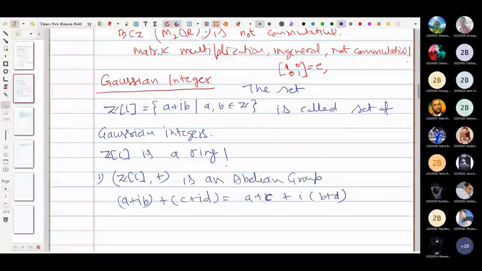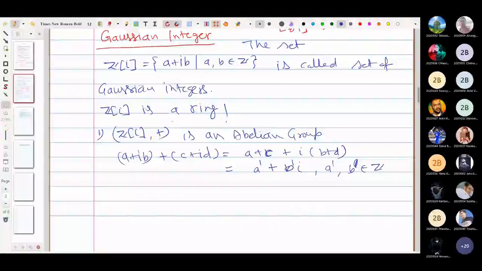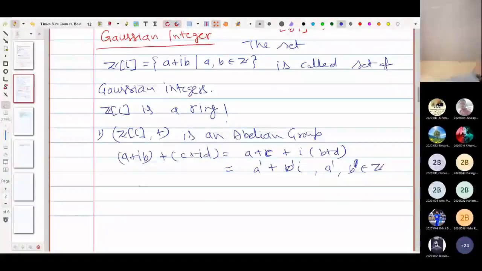Since a and c are integers, their sum is an integer, so we can write a dash and b dash, which are also integers. So this is closed, and it is clear from the definition. The rest you can find out: what is the inverse, what is the additive identity, and associativity under addition.